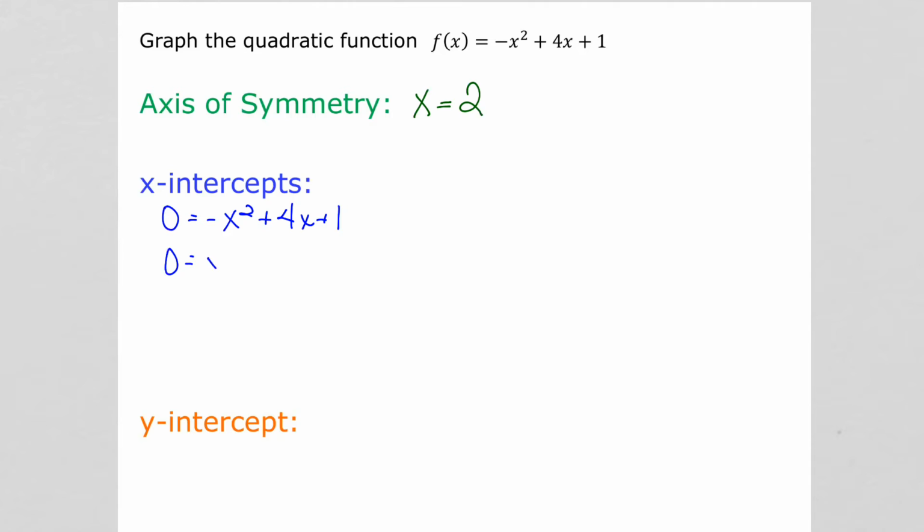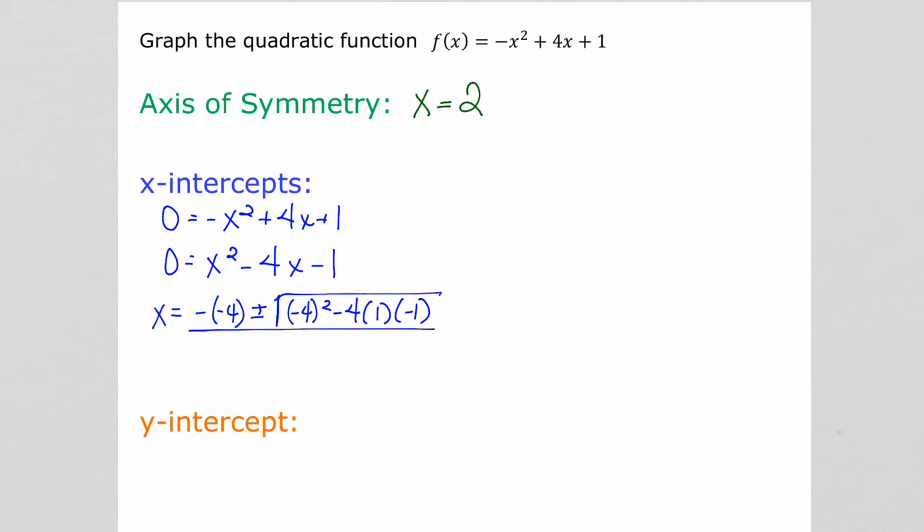So positive x squared minus 4x minus 1. Really doesn't matter, but okay, so to find our x-intercepts, we've got negative b plus or minus the square root of b squared minus 4 times a times c all over 2 times a.